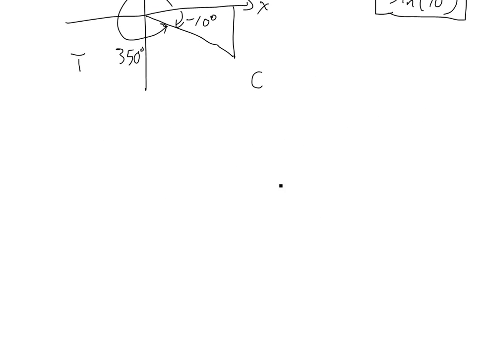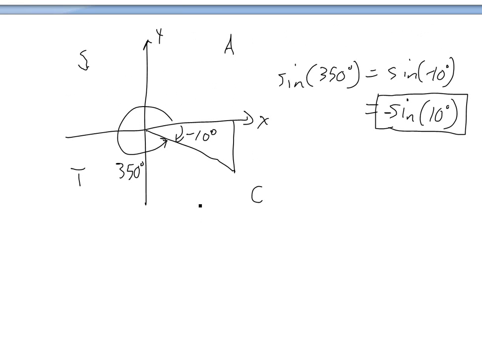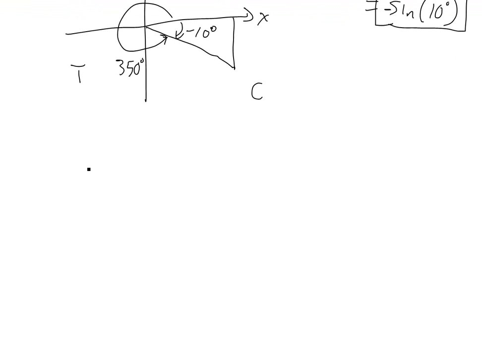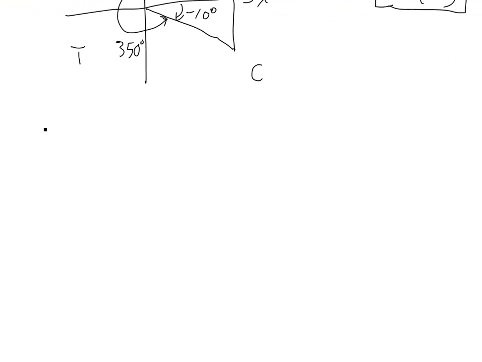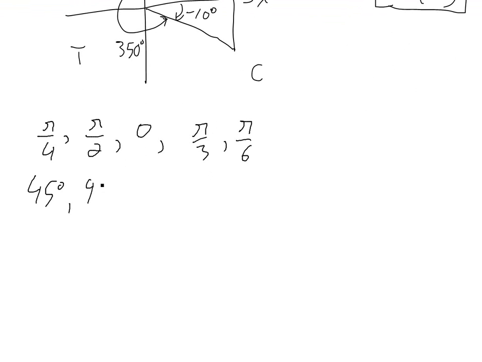Also, here's another way to get exact angles instead of using a calculator. I'll do that next time. I was going to look at angles like pi over 4, pi over 2 and 0, pi over 3, and pi over 6. This one is 45 degrees, this is 90, this is 0 again. This is in radians.